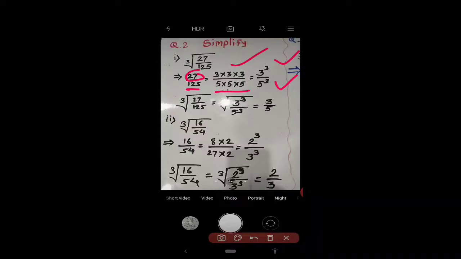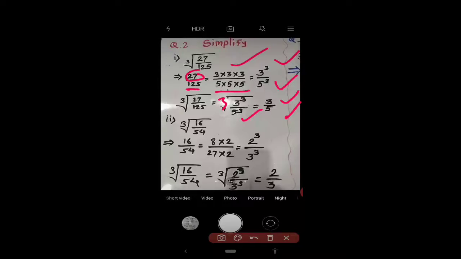The cube root of 27 upon 125 equals the cube root of 3 cube upon 5 cube. The cube root and the cube get cancelled. So the cube root of the cube of 3 is 3 and the cube root of the cube of 5 is 5. Means the cube root of 27 upon 125 is 3 upon 5.